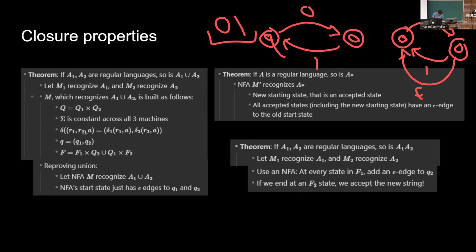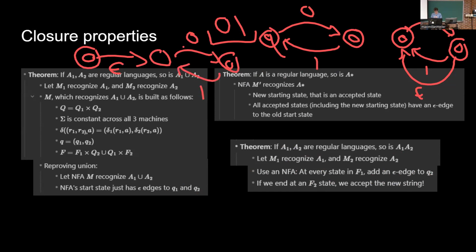Whereas if you were to add a separate start state that does an epsilon edge to this starting state, and then work from there, you can see that moving 0, 1 ends up here, which is not accepted. So that's why you need a separate start state for A star.